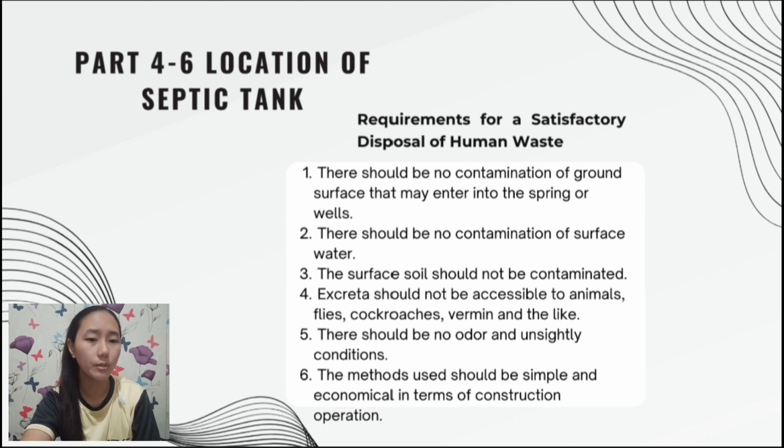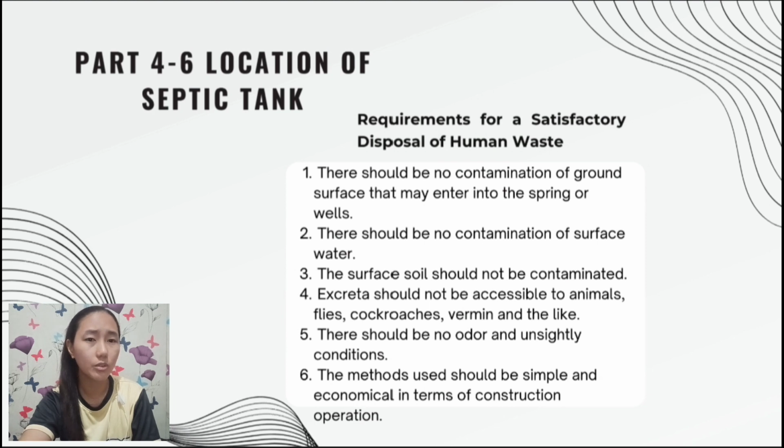So, dapat walang contamination na makikita doon sa ibabaw ng lupa natin na maaaring pumasok doon sa spring or wells, yung mga balon. Number 2, there should be no contamination of surface water. Number 3, the surface soil should not be contaminated also.